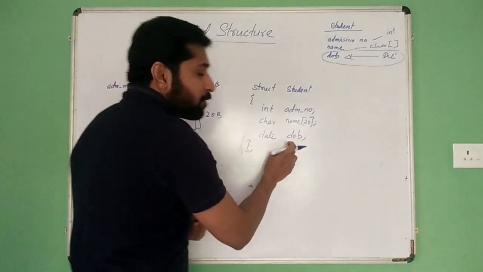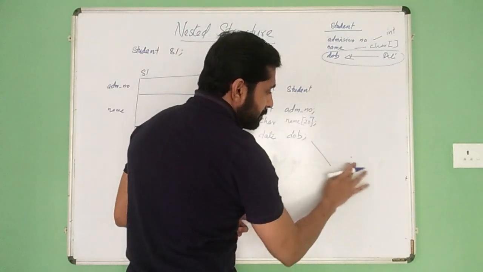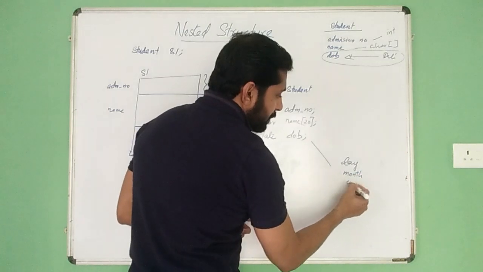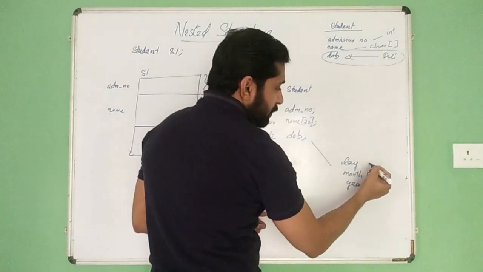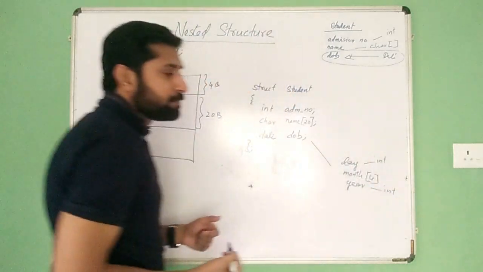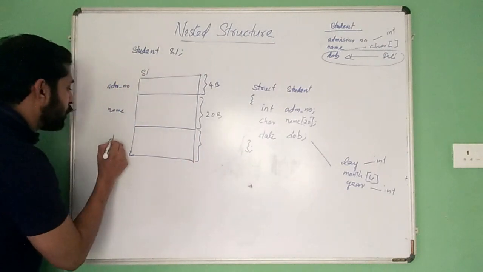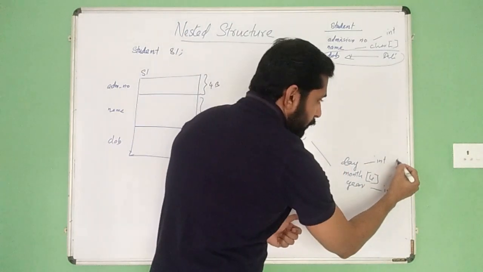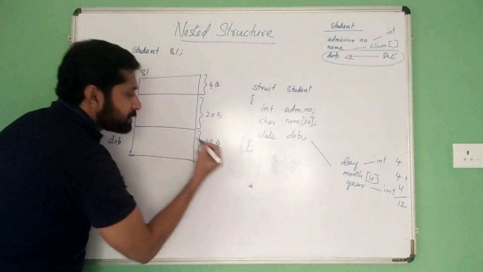Then date of birth. This date of birth has DD, that is day, month, year. Day is of type integer. Year is also of type integer. So for this DOB, it will use 4 plus 4 plus 4, that is 12 bytes.